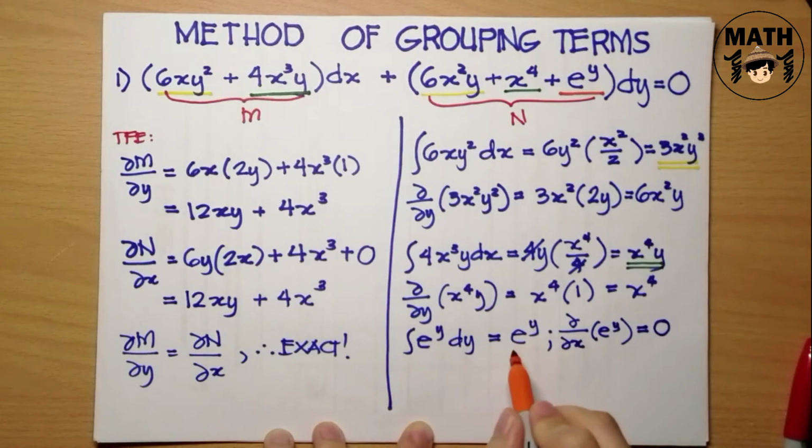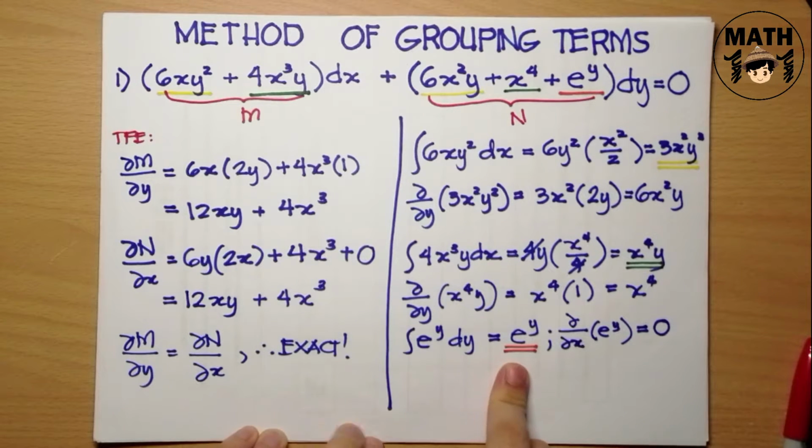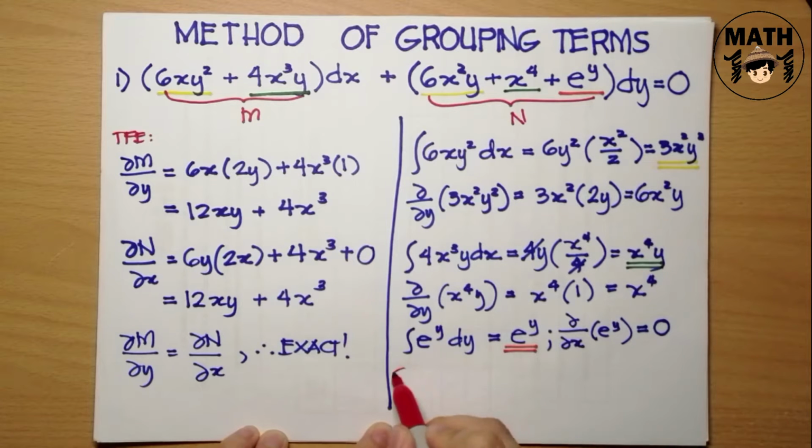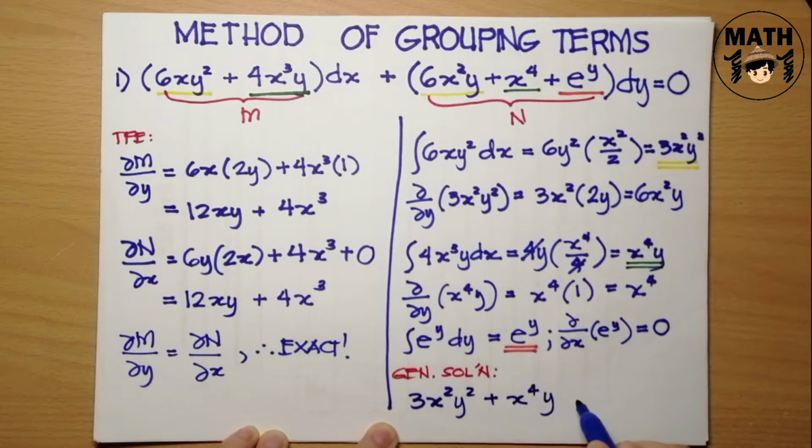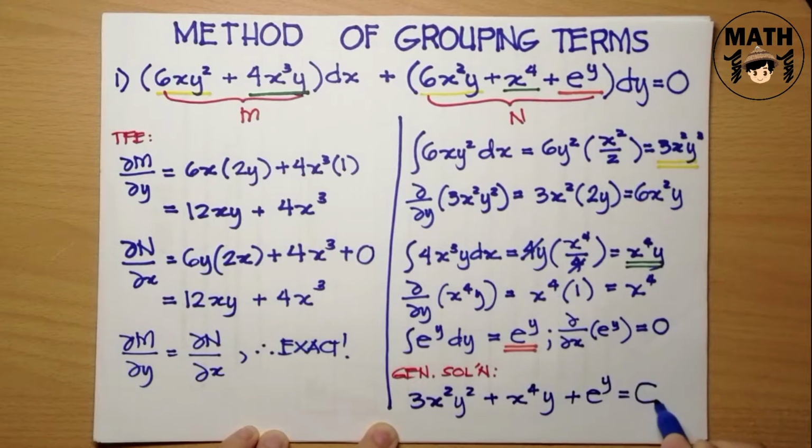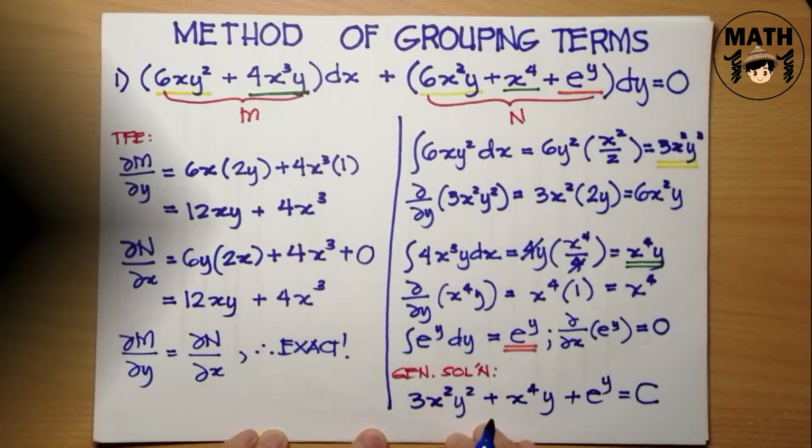Or basically, si e raised to y dy ay group na siya in itself. Kumbaga mag-isa lang siya dun sa grupo na yun. And this term is part of the function that we're looking for. Pagsama-samahin lang natin lahat ng nakuha natin kanina, and that is already the general solution of the given differential equation. So, kung mapapansin ninyo, mas madali and mas simple yung naging solution natin.